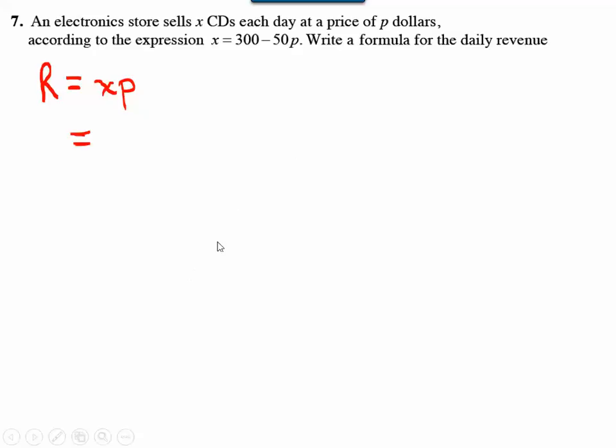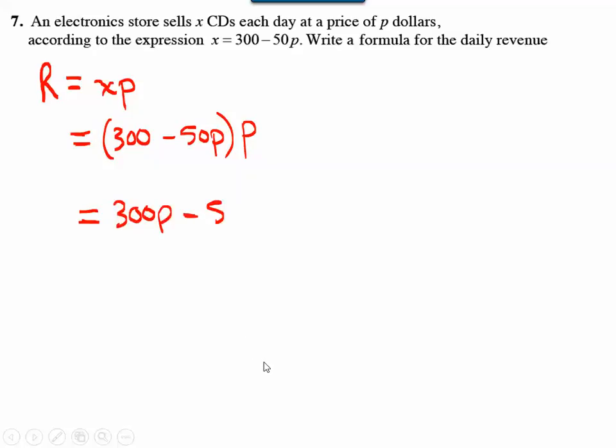All right. I want to write a daily revenue formula, really just in terms of the price itself. So notice the X right over here. I can replace that with 300 minus 50p. So now I control not only how many I'm going to sell, but I'm controlling it by multiplying the p in.